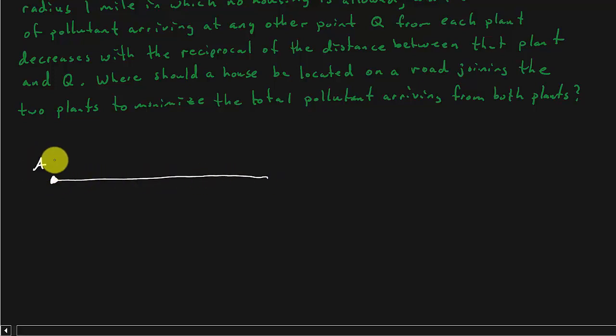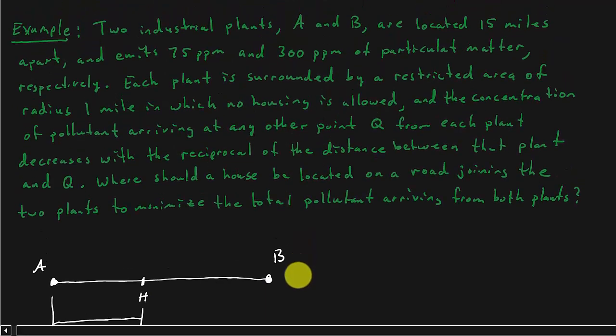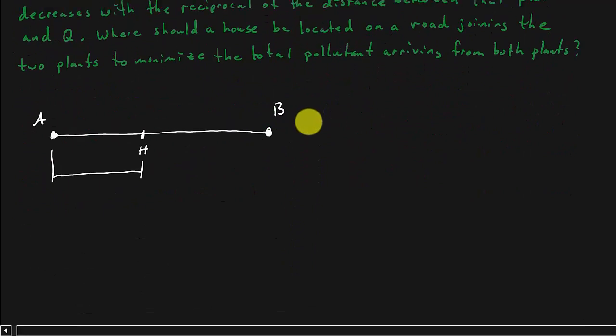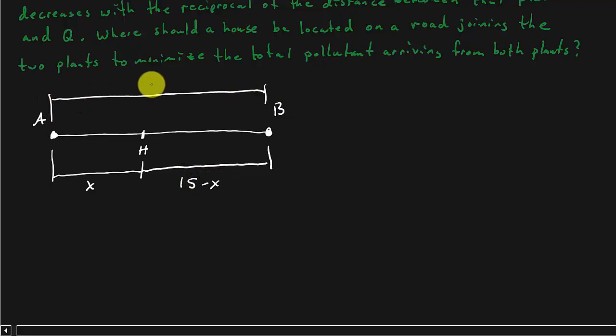So here we've got plant A, here we've got plant B, and here we're going to have some house in the middle. And so let's say that this house is X miles from plant A, and so that means plant B would be 15 minus X miles, because the total is 15.